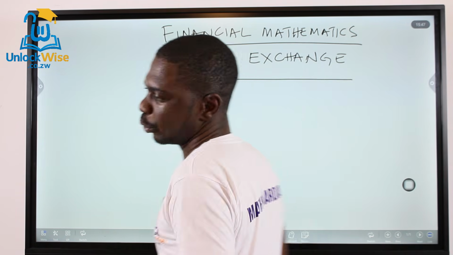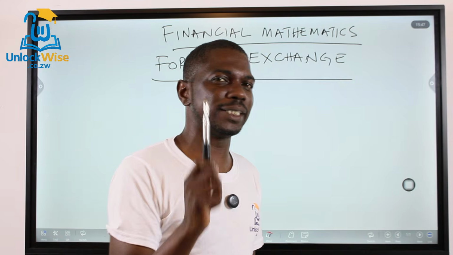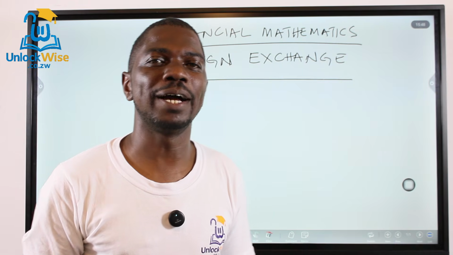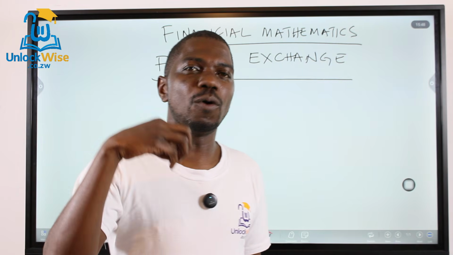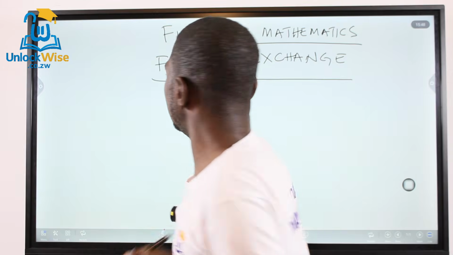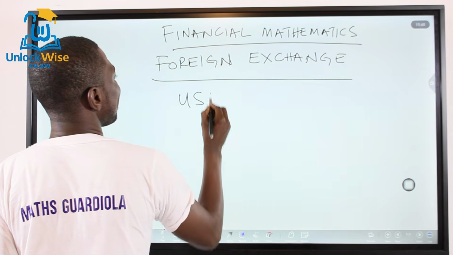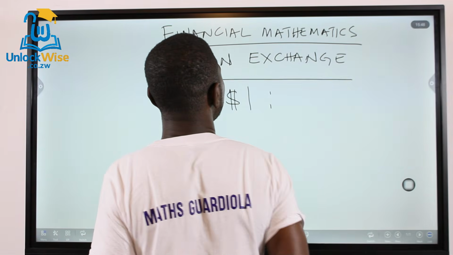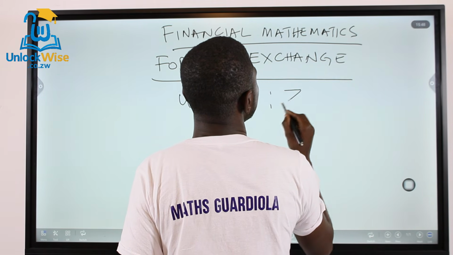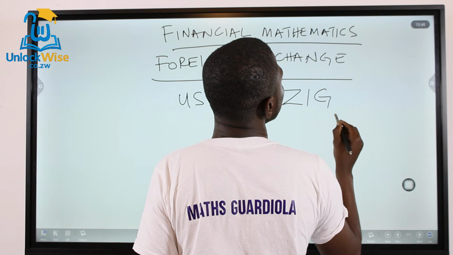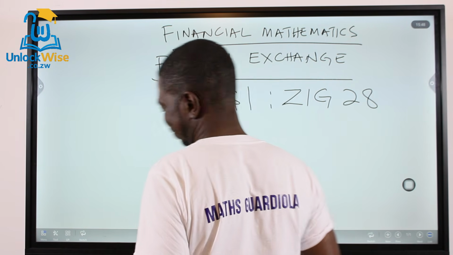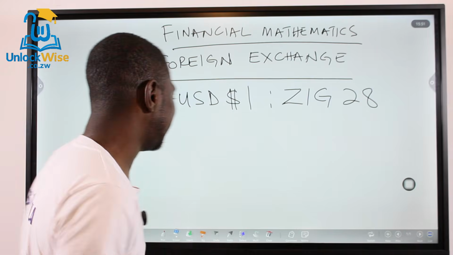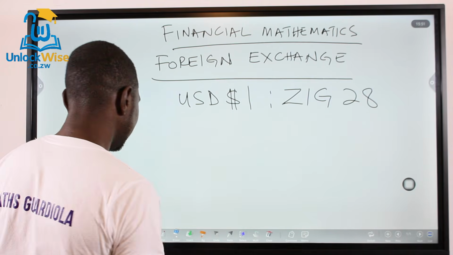And I will use an example that is in syllabus A, the last question in syllabus A, paper 1, whereby it says, on a particular day, 1 USD is changed to ZiG 28, right? You'll see our rate here, $1 is to 28 ZiG, right?